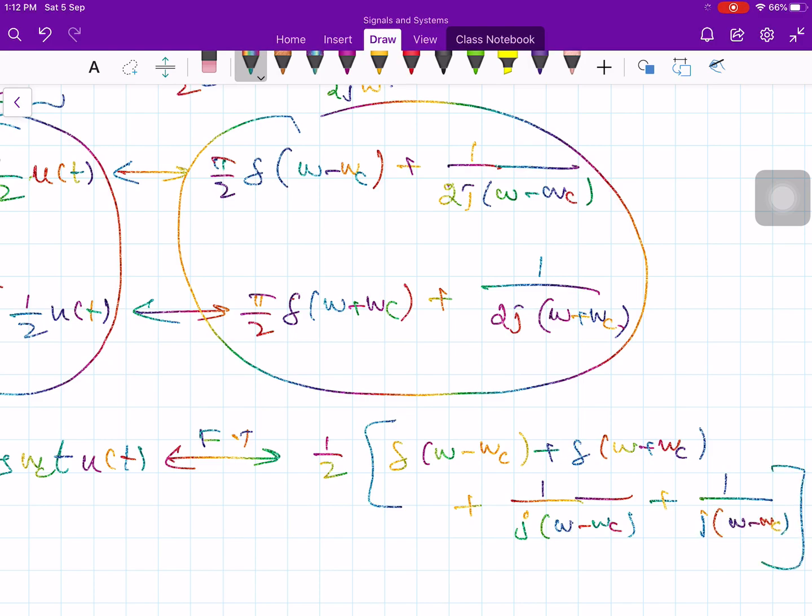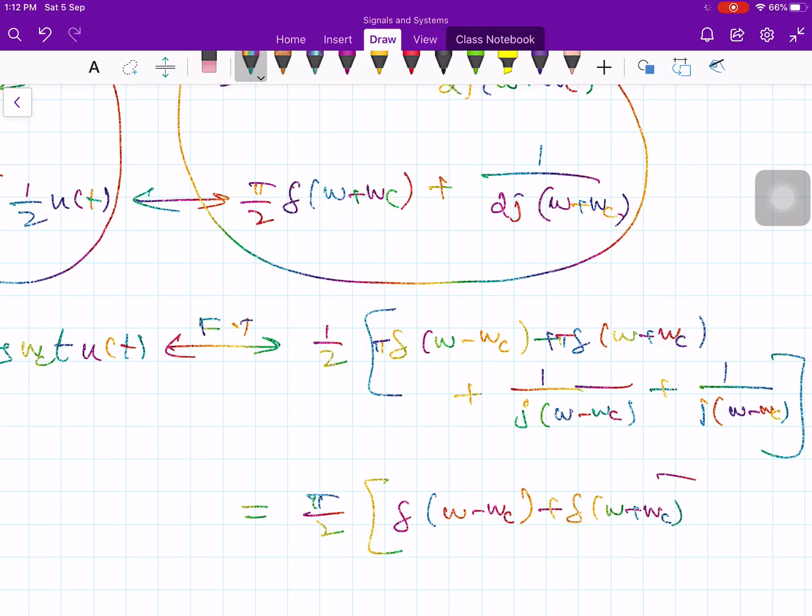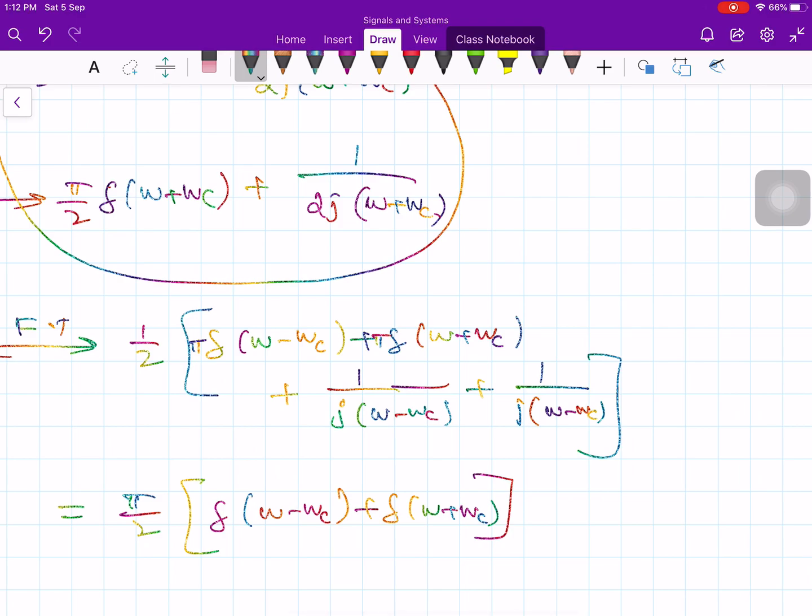Again, if you simplify further, pi by 2 within the bracket del of omega minus omega c plus del of omega plus omega c. Then these 2 terms, if you further simplify, would be plus j times omega divided by omega c squared minus omega squared. Again you multiply by 1 by 2.